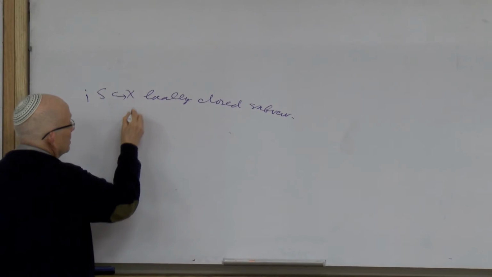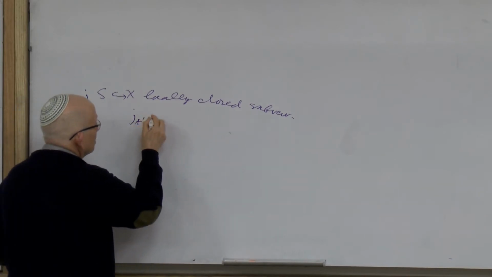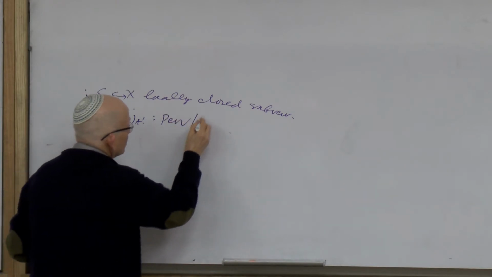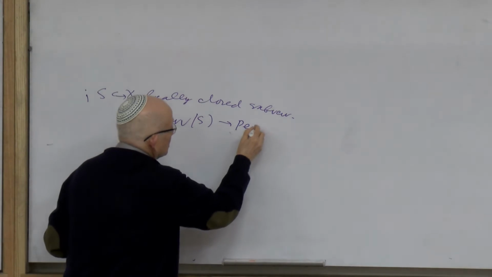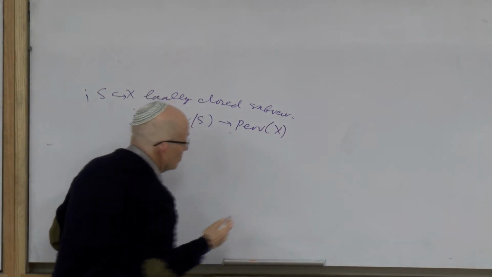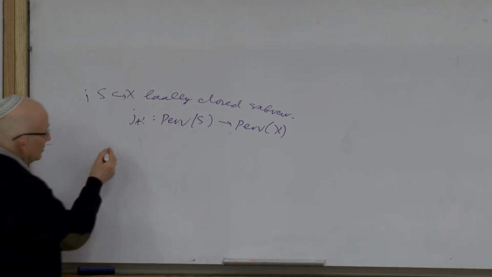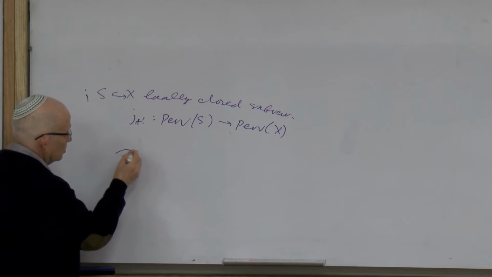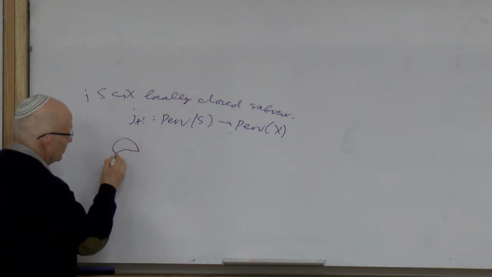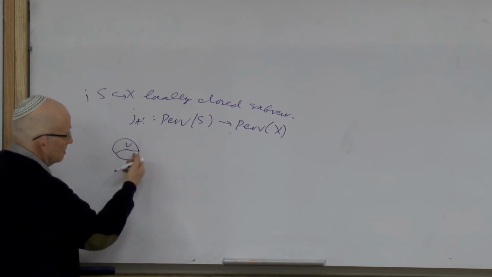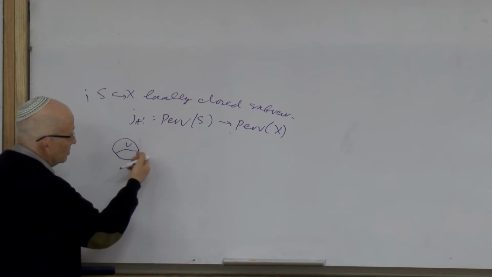Then I define the functor J star sheaf from perverse sheaves on S to perverse sheaves on X. The simplest way is the following: since it's locally closed, there exists some open neighborhood where it is closed, and then you identify perverse sheaves on Z as perverse sheaves on U which are supported there.